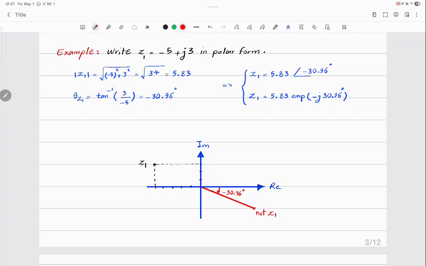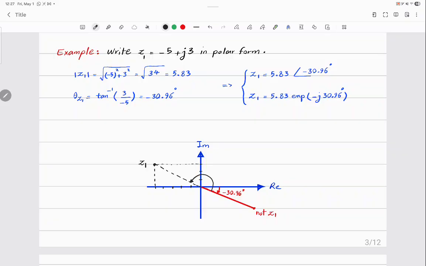The calculator gives you a default answer based on the 4th quadrant. But your answer is not in the 4th quadrant, it is in the 2nd quadrant. In fact, if I want to write it correctly, what is this angle?